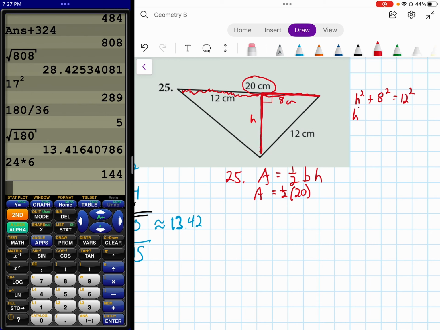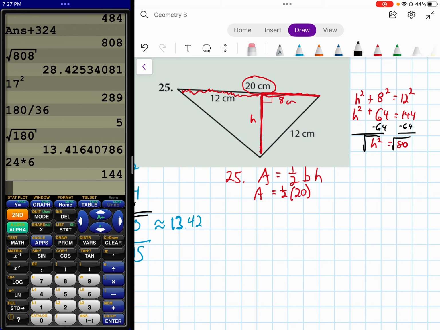So we have h squared plus 64 equals 144. We subtract 64 from both sides, and we get 80. Take the square root.